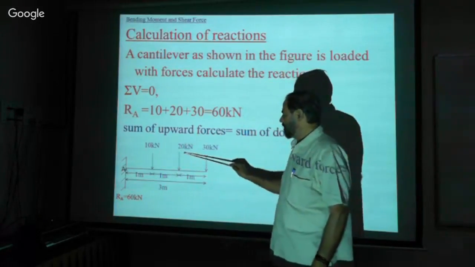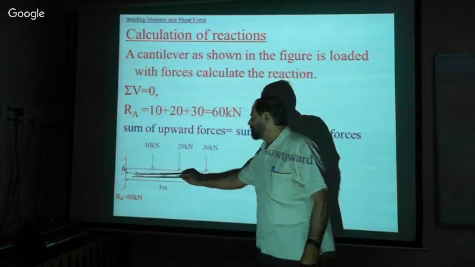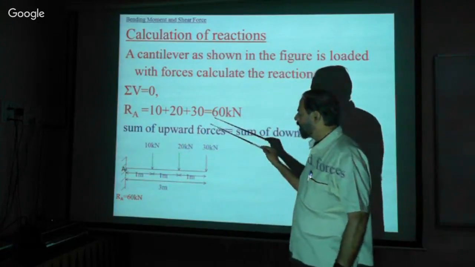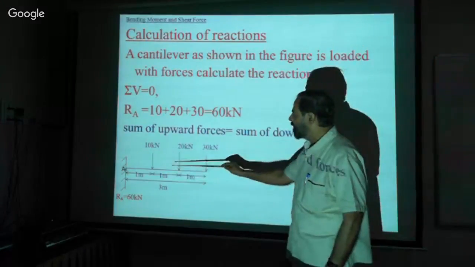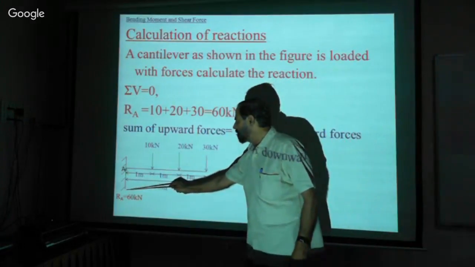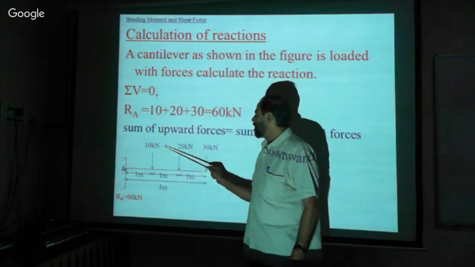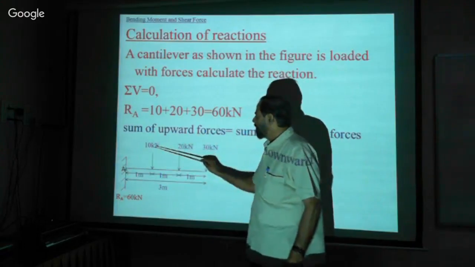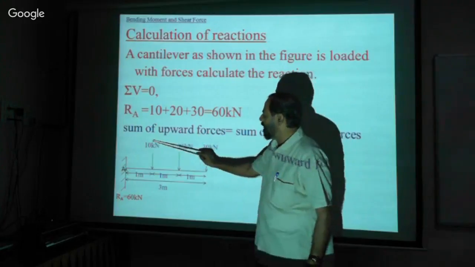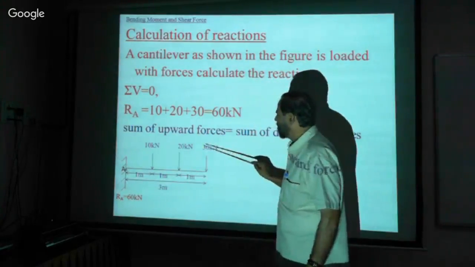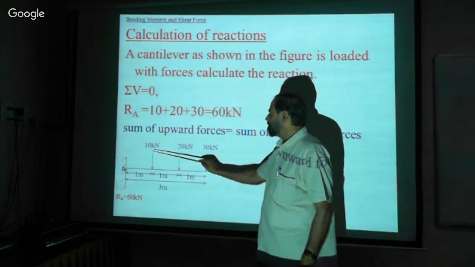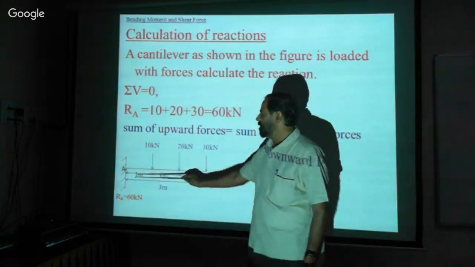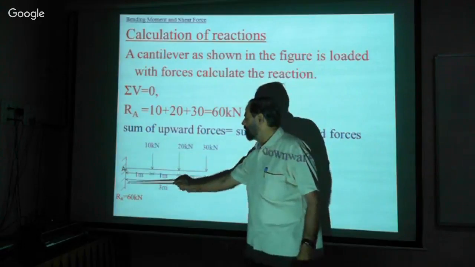It has to resist all the three forces with only one vertical force. Because all the three forces are acting vertically downward, for the equilibrium condition the reaction must be upward, and the algebraic sum of all the forces in this beam must be equal to 0. For that condition, the sum of the three downward forces and the upward force is equal to 0.